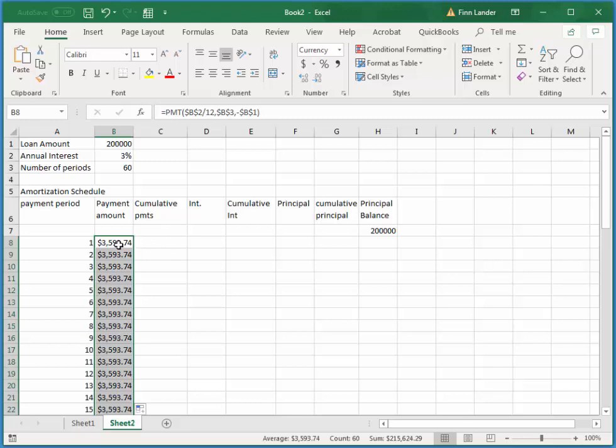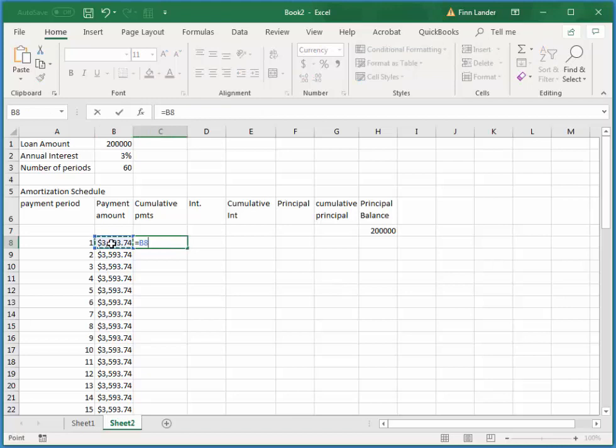And so the first month we'll be paying that amount, so the cumulative amount is just going to be that, right? But the next month it'll be that plus that. So I'm just going to say equals that plus that. That's what I was trying to do.